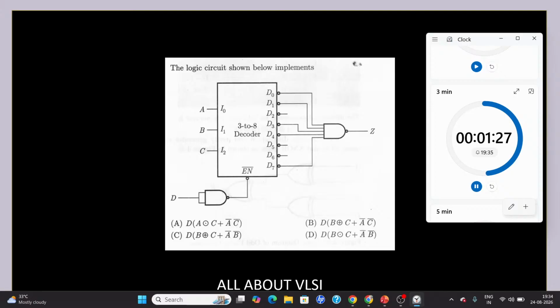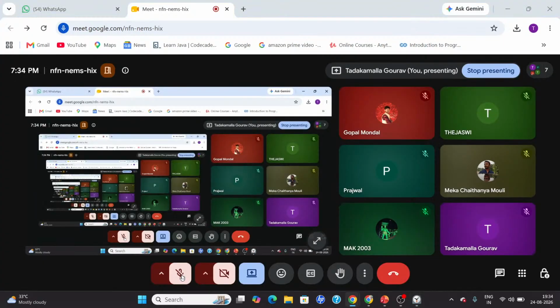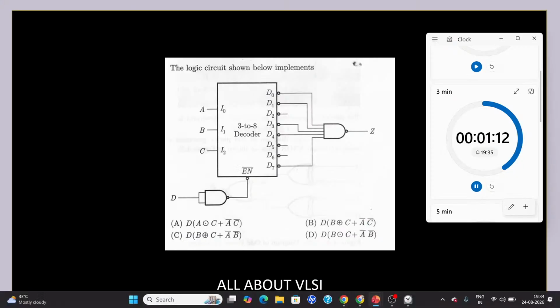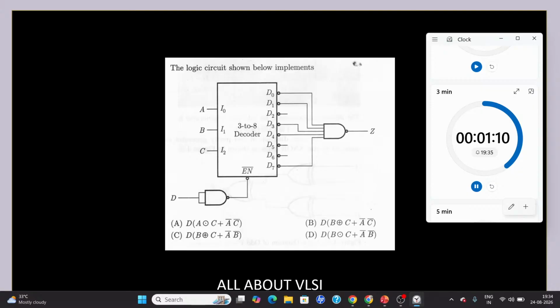Last 1 minute. Anyone got the answer? So a particular logic circuit is given, a decoder is given, and an enable signal is also given. Please don't forget this enable signal. This has also been given.